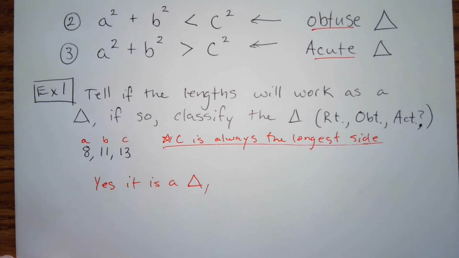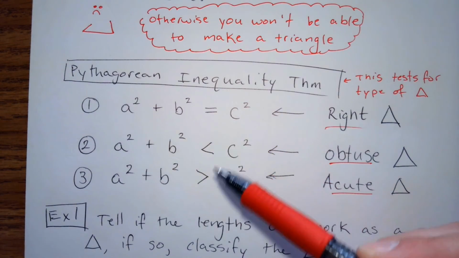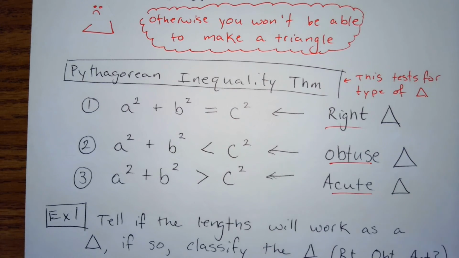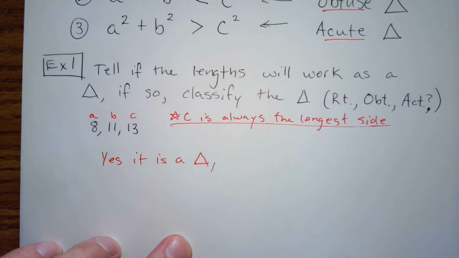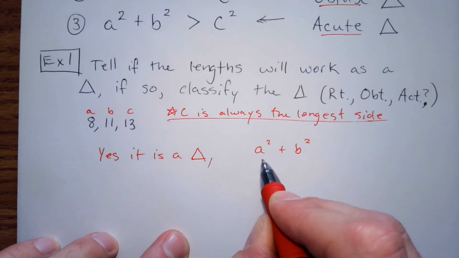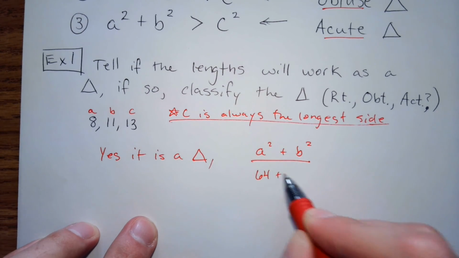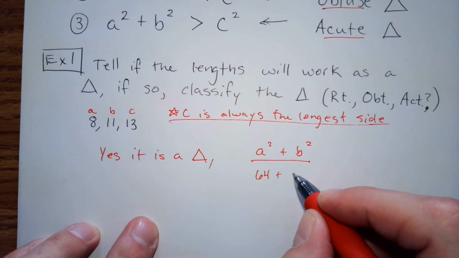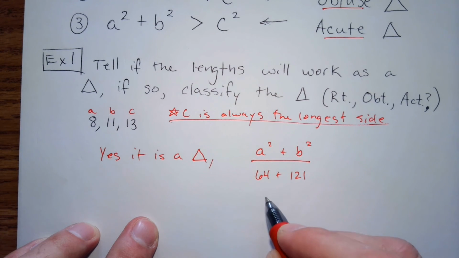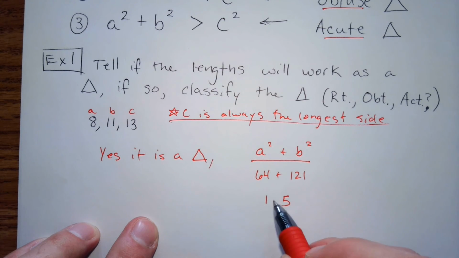Now we need to see what type of triangle. I'm going to figure out a squared plus b squared, and I'm going to compare it to c squared. So I'll take a squared plus b squared: 64 plus 11 squared is 121. And what is that? 185.